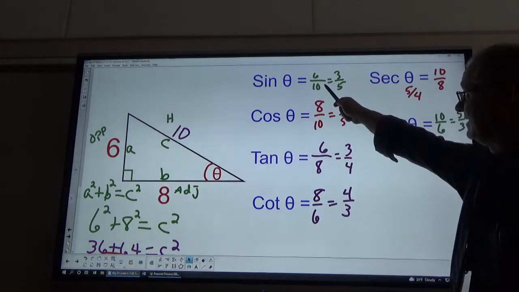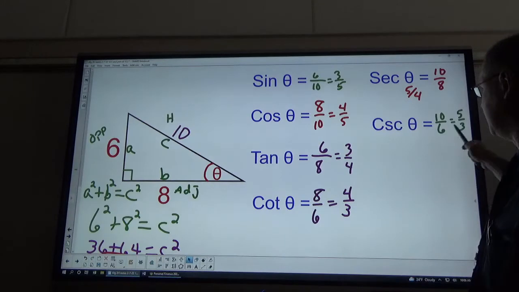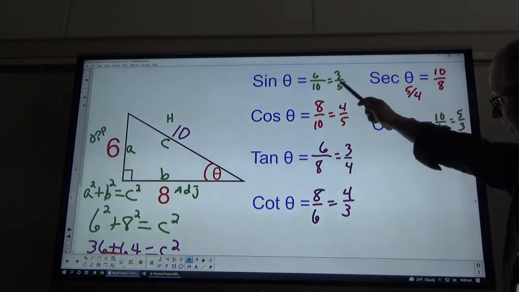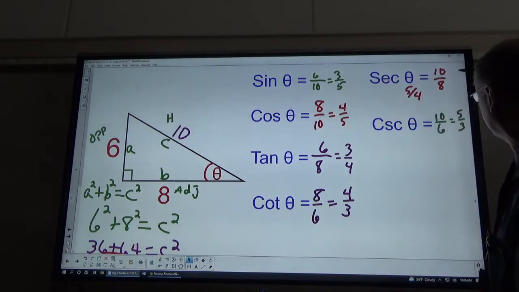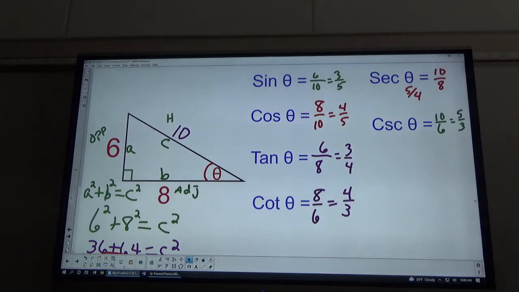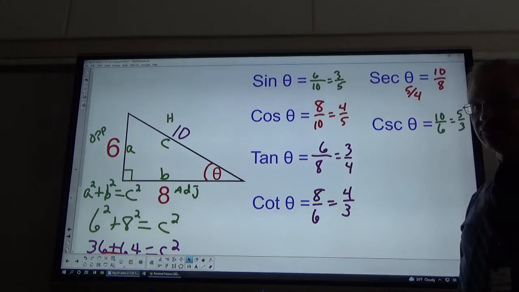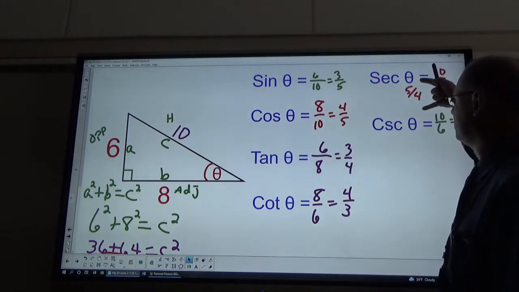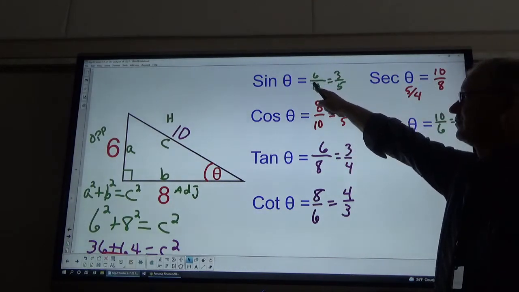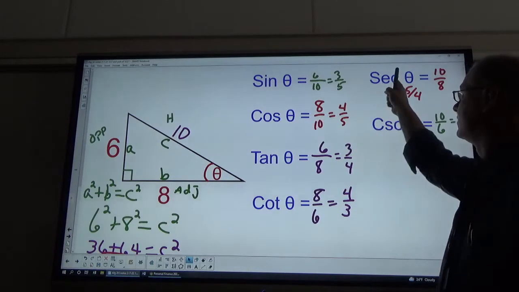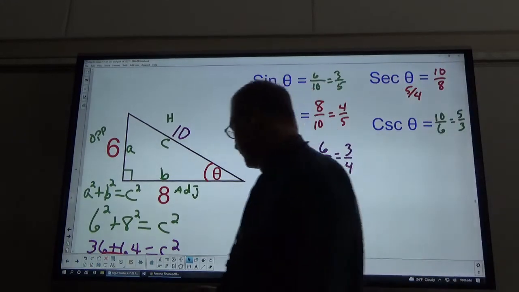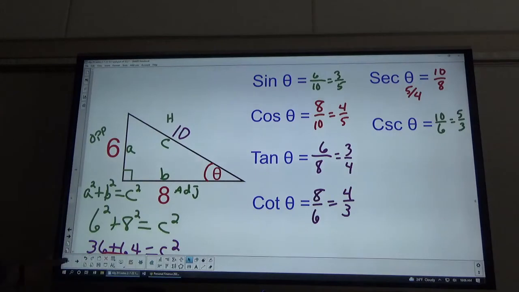The sine is reciprocal with cosecant, and the cosine is reciprocal with secant. So if you can't remember which of these matches with which, the regular with the co, the regular. Okay.